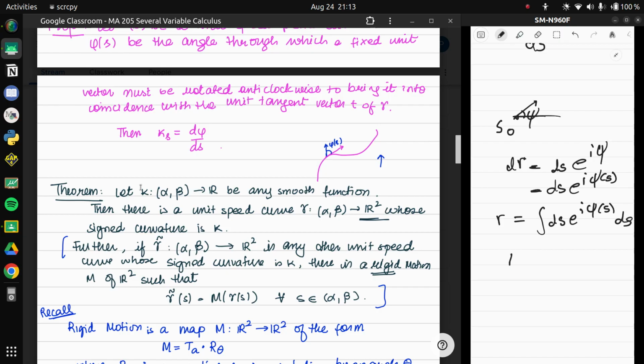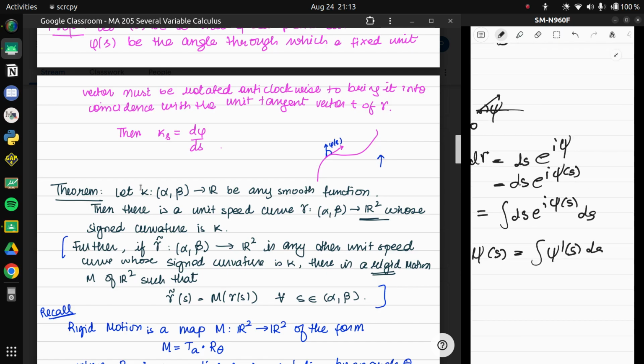But remember what psi of s is. Psi of s is just equal to the integration of psi dash of s ds, so it's some function of s plus some arbitrary constant.